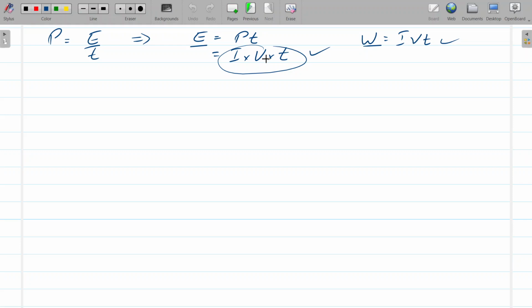So to calculate the power of an electrical appliance, we multiply the current by the potential difference. For example, let's say we have a device, we have a lamp of 240 volts, and we have a current of 0.25 amperes.